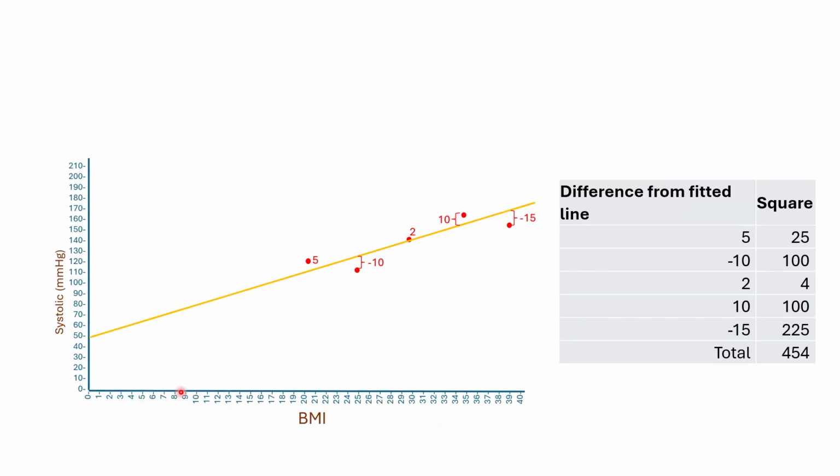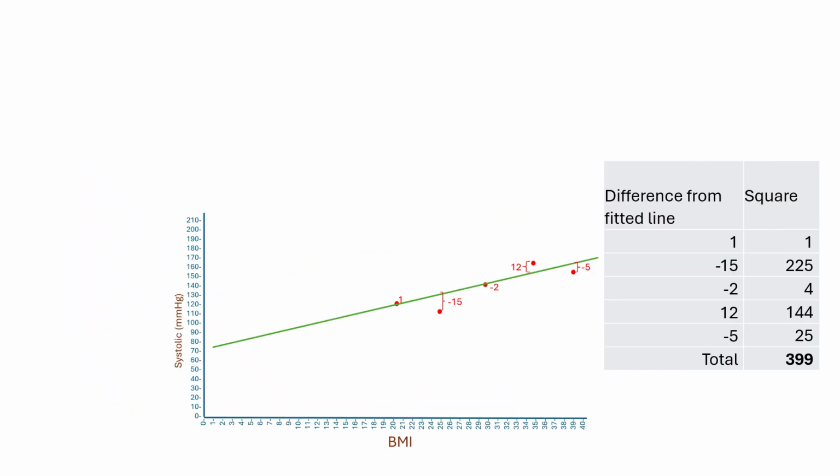We do the same for say yellow line. In this case, we get a slightly lower value, that is 454. Again, we repeat the process for the third line, the green line, and this time we get the lowest value, 399. So of the three lines that we calculated, this squared difference 553, 454, and this time 399.